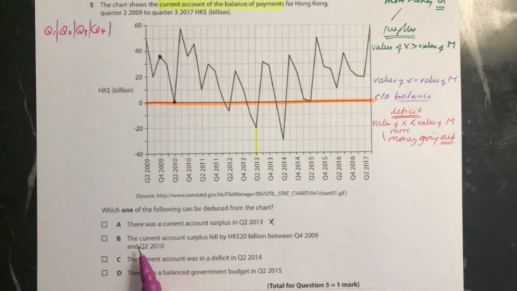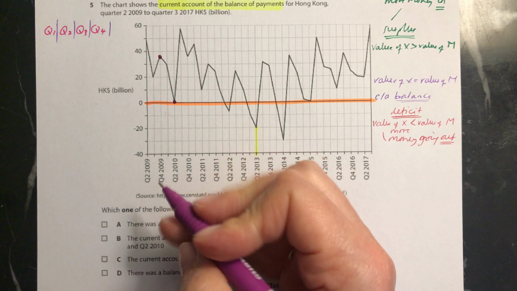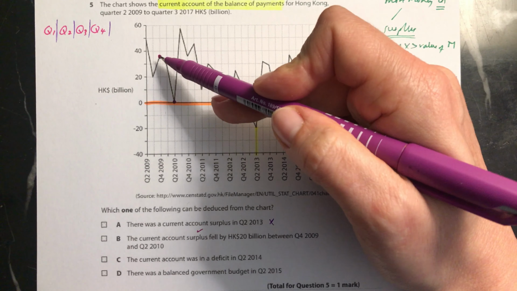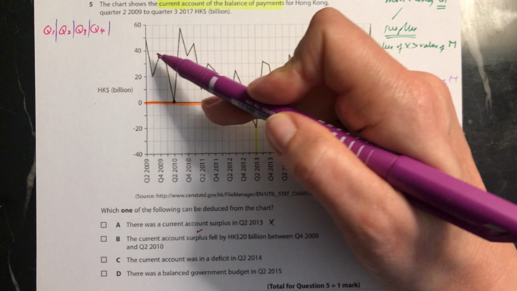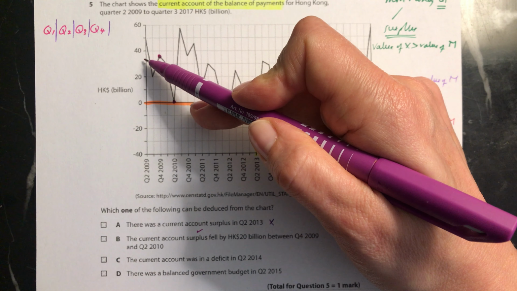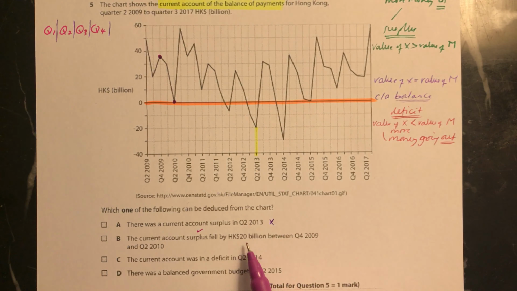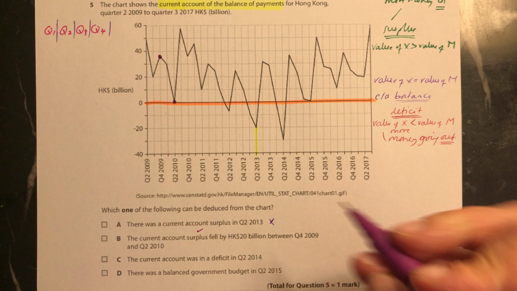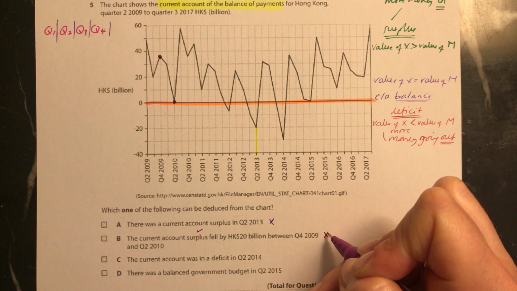And it says the current account surplus, yes, there is a surplus over that period of time, fell by 20 billion Hong Kong dollars. So here it was approximately 35, if you read across there. And it's saying it fell by 20 billion. That's not true because it went to 0. So this is also wrong.